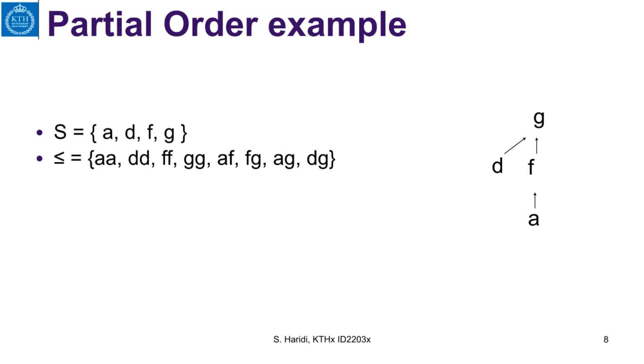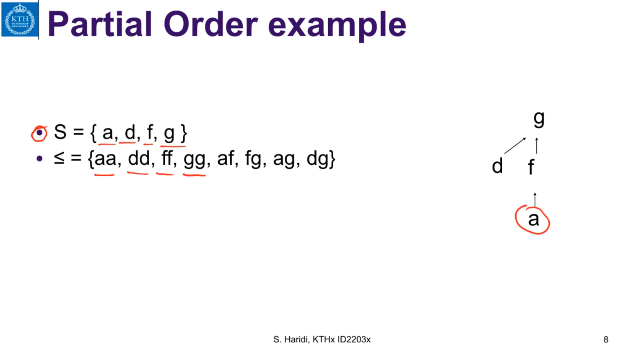So here's an example of partial order. We have this set which contains A, D, F, and G. And we have the following partial order relation. First of all, we have to satisfy reflexivity. So AA is in the set, DD is in the set, FF in the set, and GG in the set.